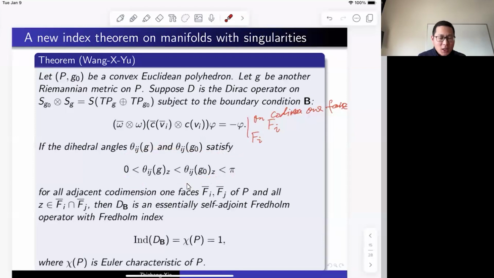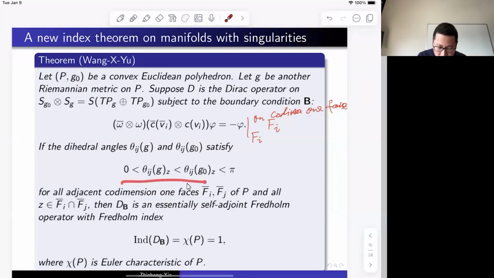For Gromov's original conjecture, there's dihedral angle comparison, scalar curvature comparison, and mean curvature comparison. Notice that for the index theorem, the scalar curvature or mean curvature comparison is not needed. What's really important for the index theoretic computation is only the dihedral angle comparison.